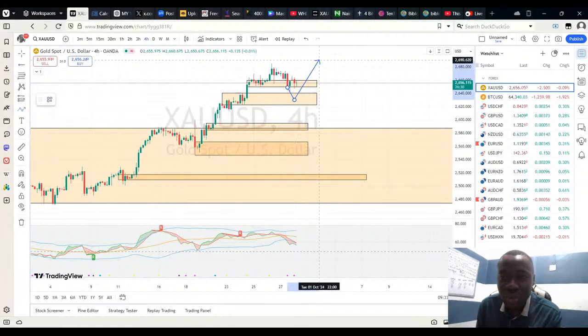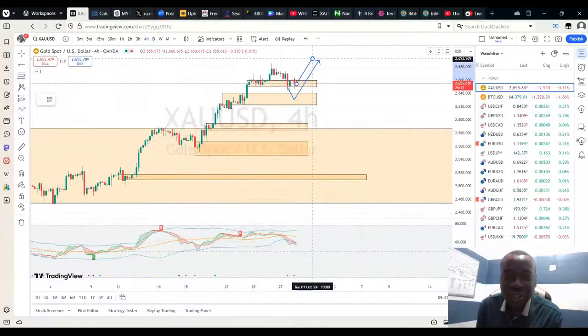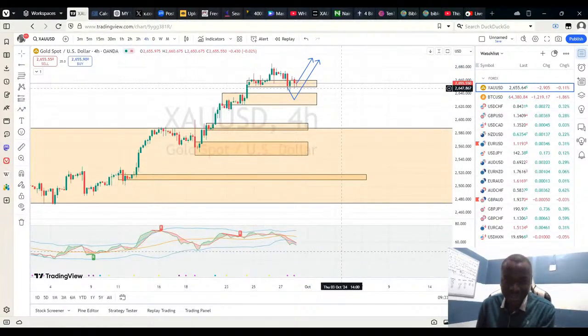Maybe they will come to the price of 2,690, or they might just continue from here and push to the top. So far, so good. Those are the two things that I can see here on gold.